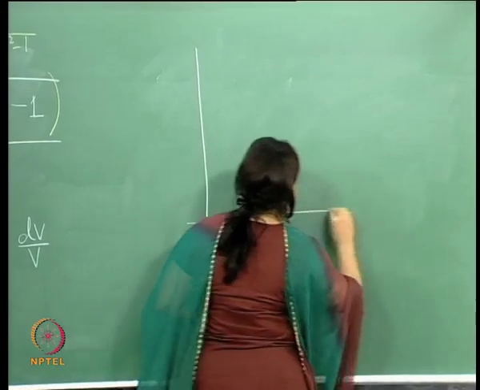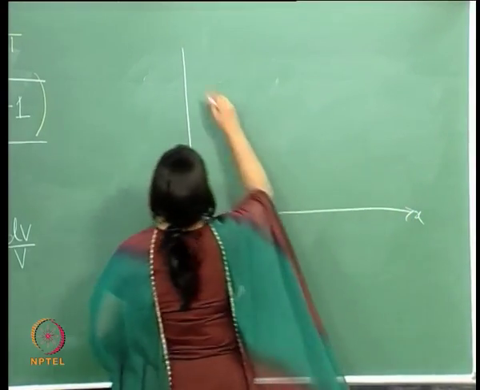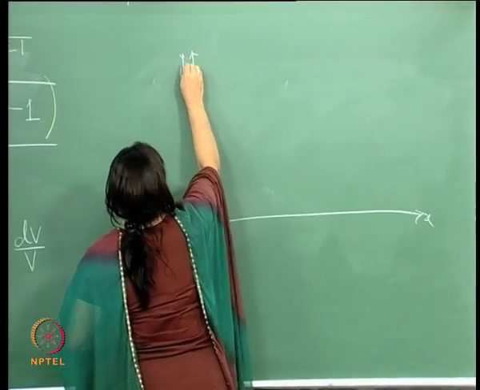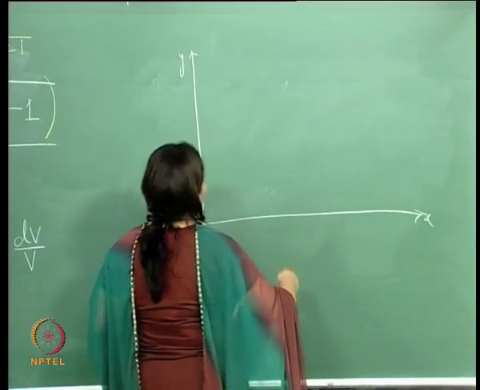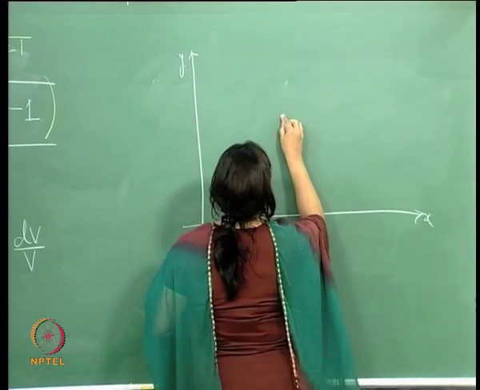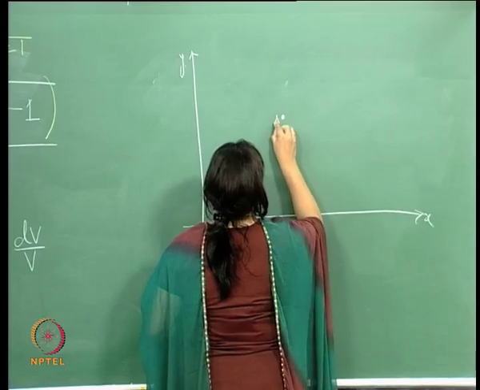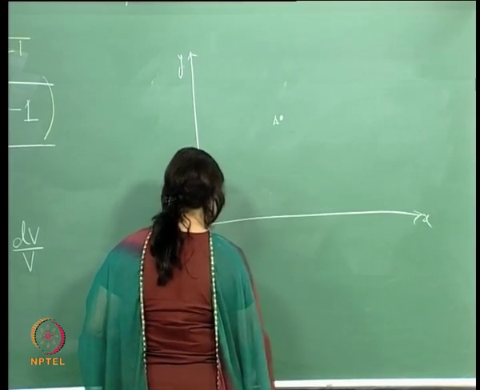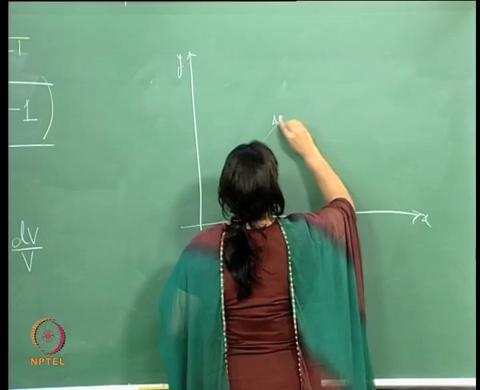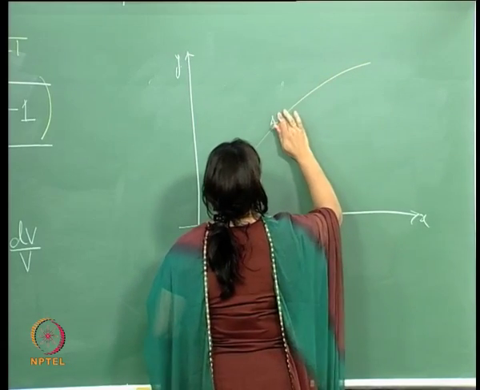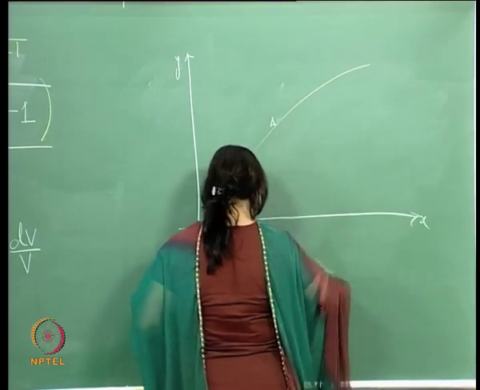So, say we have this x and y, so we have this certain domain. Say at this point A, I have a certain velocity here. So, this is the point here.